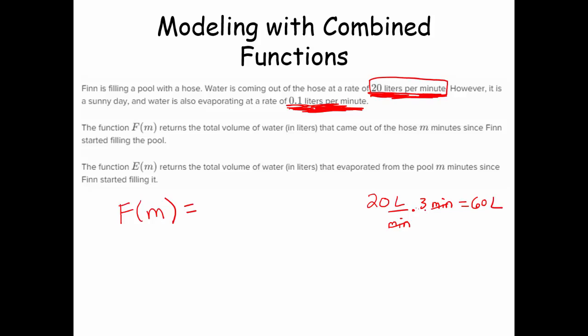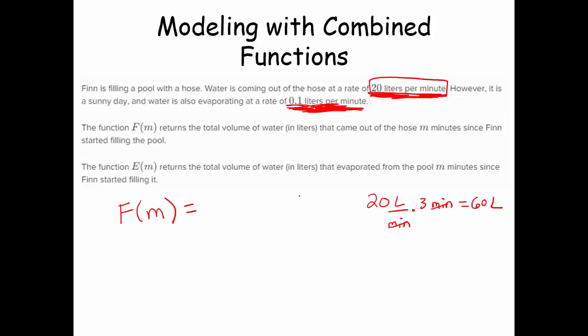So that mathematically makes sense with these units canceling, but it also intuitively makes sense. If the hose is running at a rate of 20 liters per minute, that means in the first minute you'll get 20 liters. Then in that second minute, you'll get another 20 liters. And in the third minute, you'll get another 20 liters. So you'll have gotten 60 liters of water altogether over those 3 minutes.